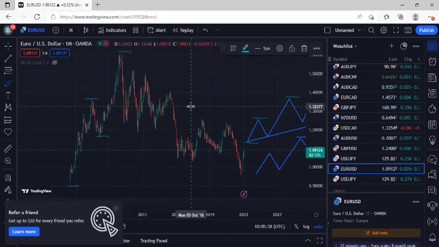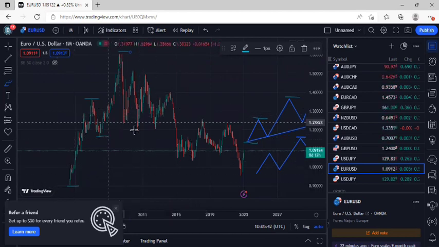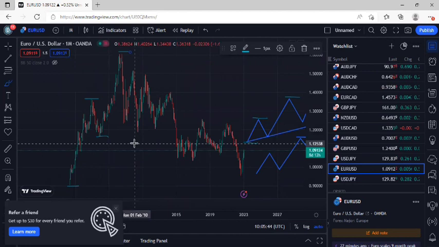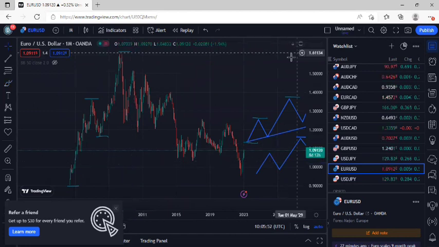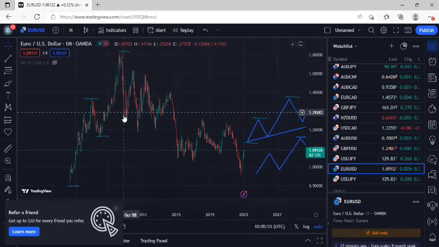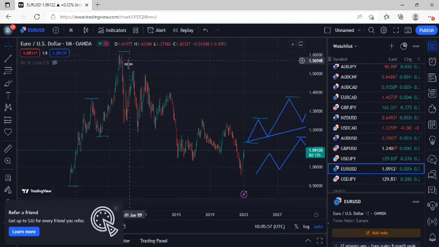Before you can say this trend has changed, there must be a break of structure to the lower side. Like for example, when this market created this lower low here and got to this place, it couldn't break this structure to create a new high.